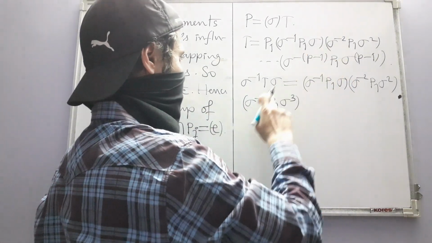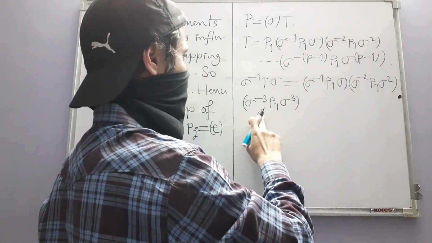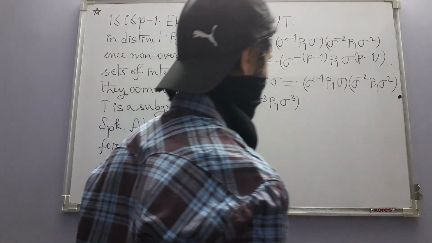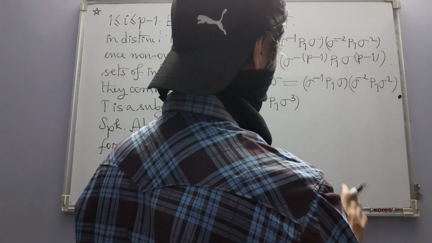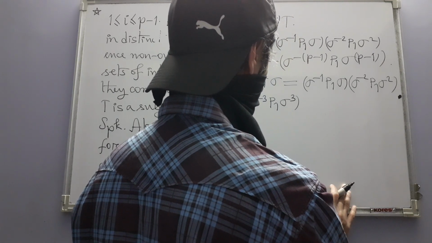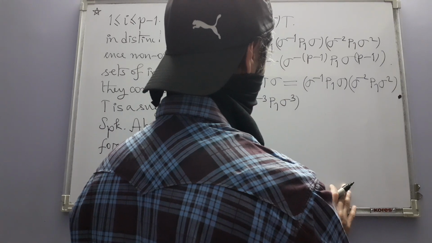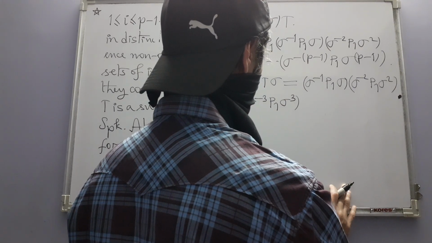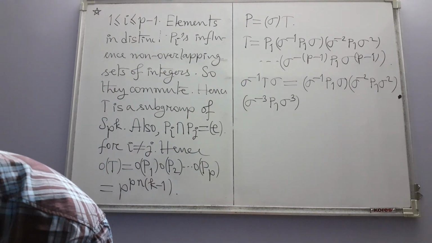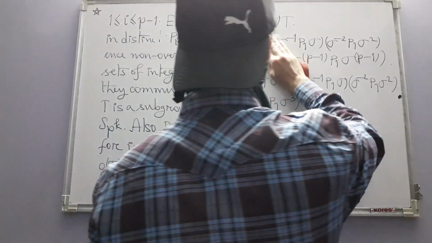This one becomes this, so that this one and this one gives me what? Maybe I am getting something a little wrong. Or maybe I am unnecessarily making it more complicated than it needs to be.